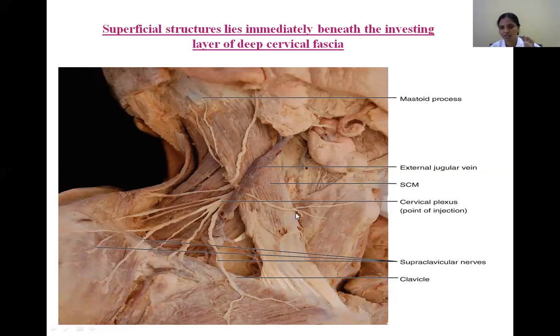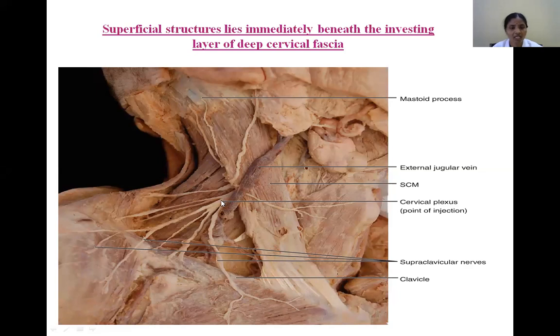It is not restricted to only two branches, upper and lower. It is a cutaneous branch, so it may give more number of branches, plexus like. But usually what happens is that at the anterior border of the sternocleidomastoid, it divides into upper and lower. So they supply the anterior part of the skin of the neck.